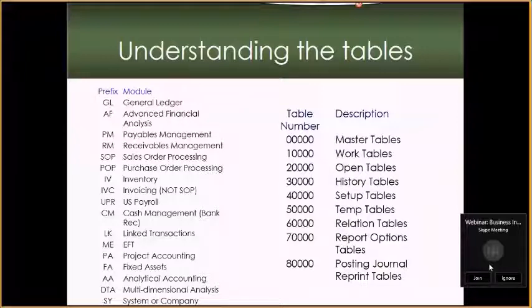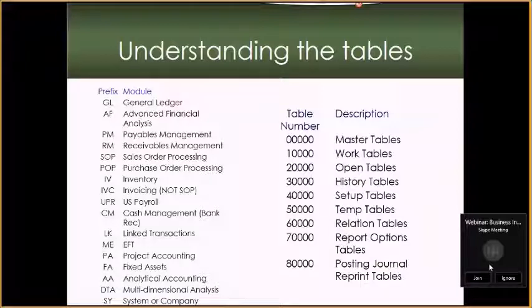On the right side of the window, we have the table breakdowns. Table numbers will start with whether it's all zeros, a 10,000, 20,000, 30,000, etc. tables, and then the descriptions for those tables. Whatever module that you're in, the master tables will all be the 000. So if it's a GL 000 table, that's a master table.